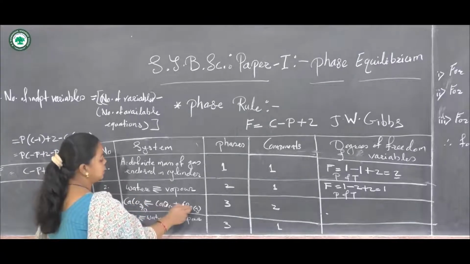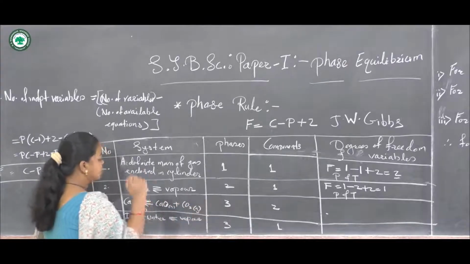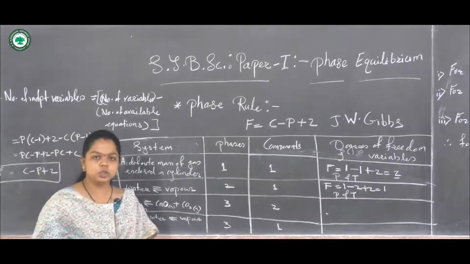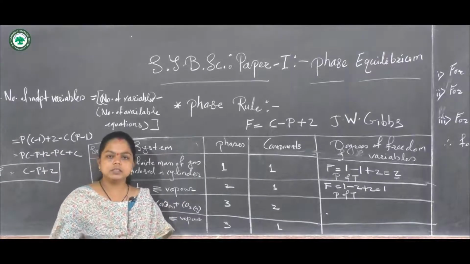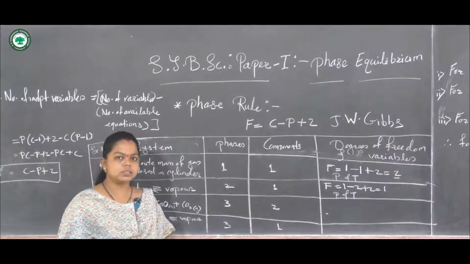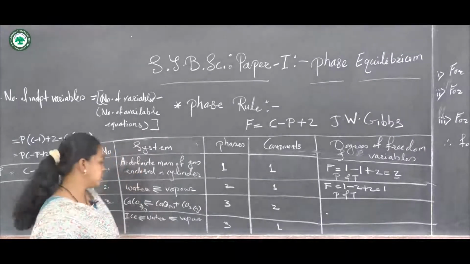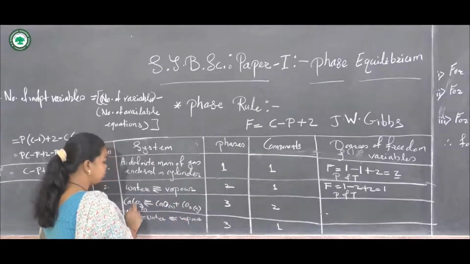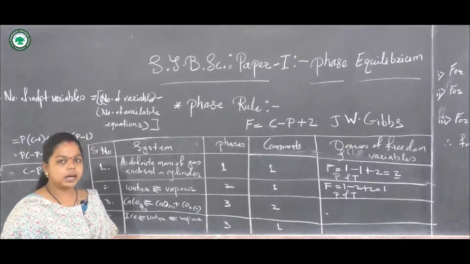So here 3 phases are given, but the components of the system are only 2, because when we consider the determination of the composition for the given system, only 2 components are considered, because calcium oxide and carbon dioxide together form the calcium carbonate.